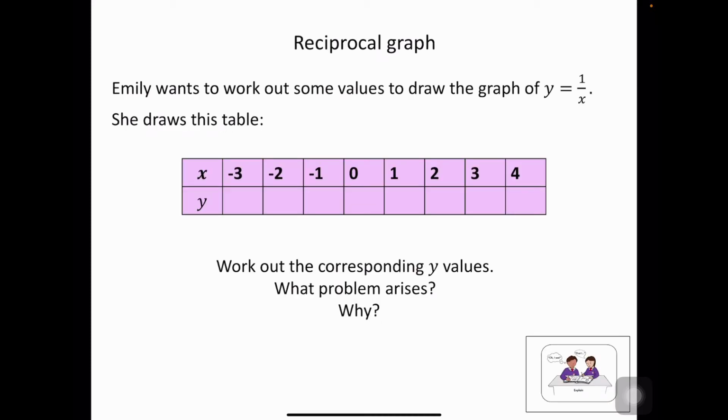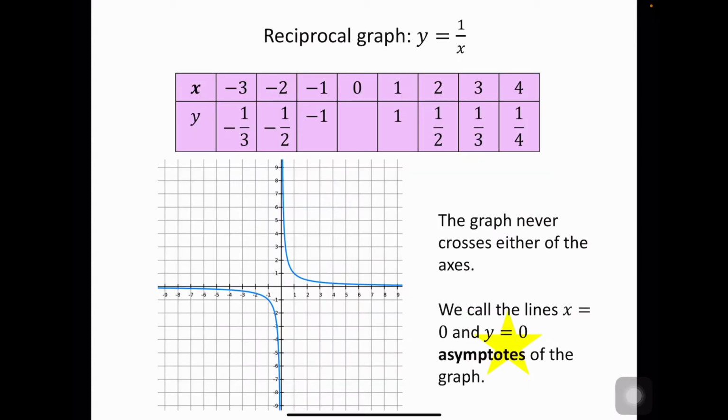Moving on to reciprocal graphs, here it says Emily wants to work out some values to draw the graph of y equals 1 over x. So she's filled in the table, and then she's plotted her reciprocal graph. Now again, as you can see here, there is no value, and that's because 1 over 0 does not exist.